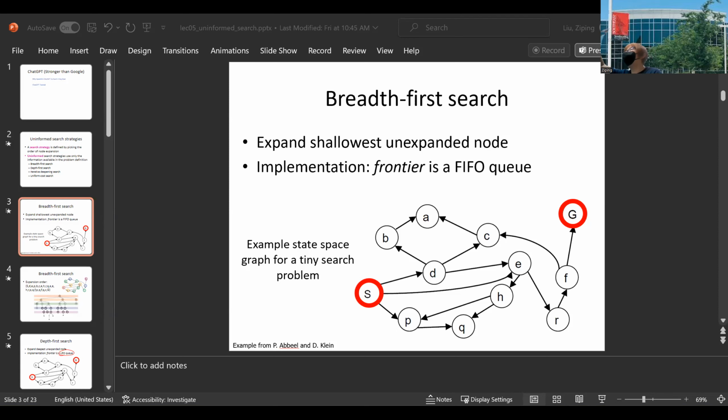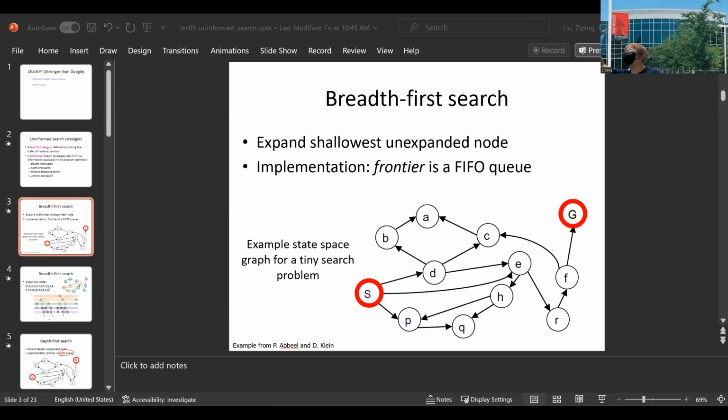Who is next? C. So then you expand C. C's neighbor is A, so you put A in and then pop A out. But A doesn't have any downward link, so you stop. The next is E. For E, its neighbors are H and R, which you add.